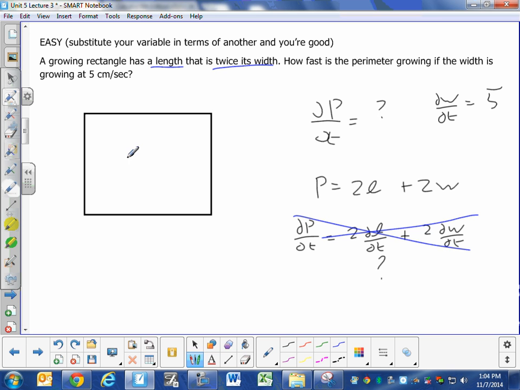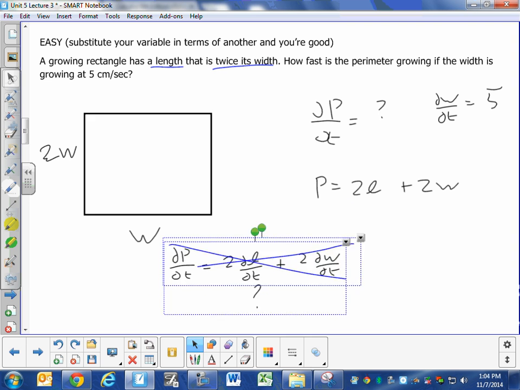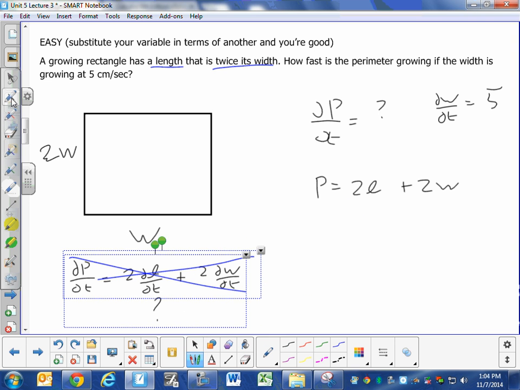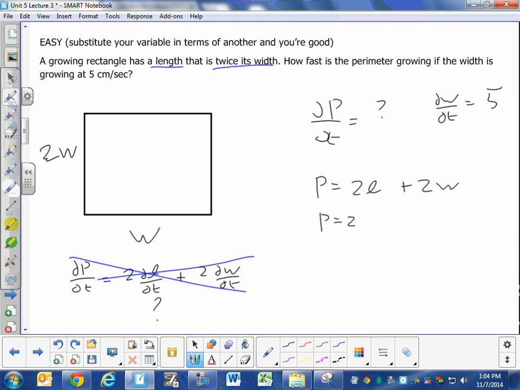The length is twice its width. So if this is the width and this is twice the width, this is 2W. So the perimeter is twice my length, so that's twice the 2W, plus 2W. All of a sudden, my perimeter is just 6W.